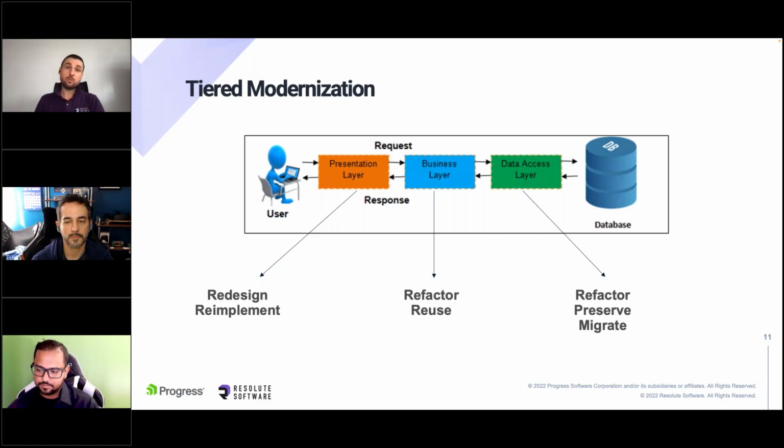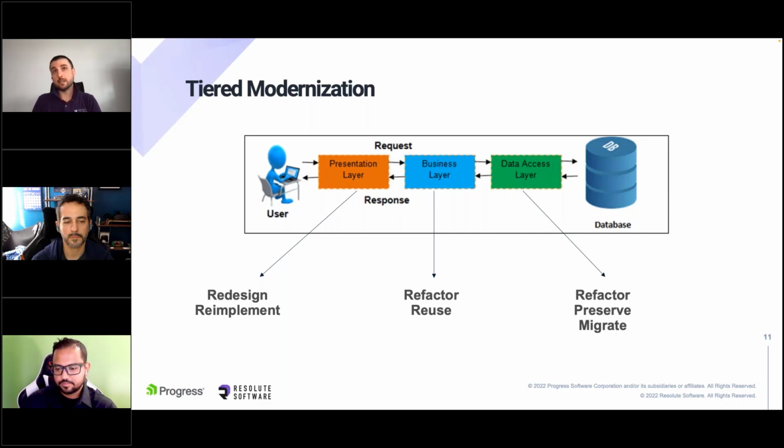The business layer, maybe not so much. The typical objective there is to refactor and reuse. There's usually a lot of heavy investment in the business layer, a lot of contracts, maybe services, the domain model may be there if you're using domain-driven design. And these are component and even code level artifacts that if we can salvage and reuse, the better for the business and for the team performance overall.